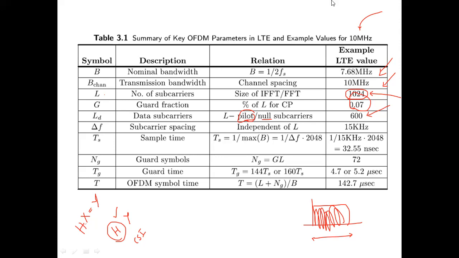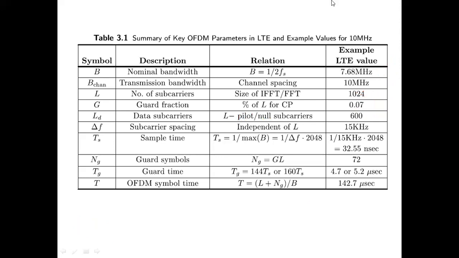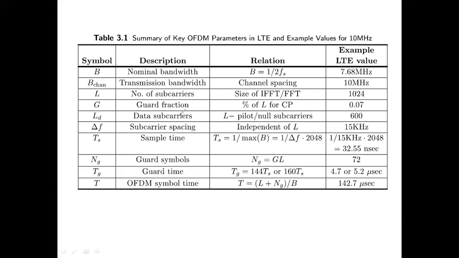That is pilot reception. So then the data subcarriers: out of 1024 IFFT coefficients, only 600 carry the actual data. The remaining go for overheads, pilots, guard bits, and so on.